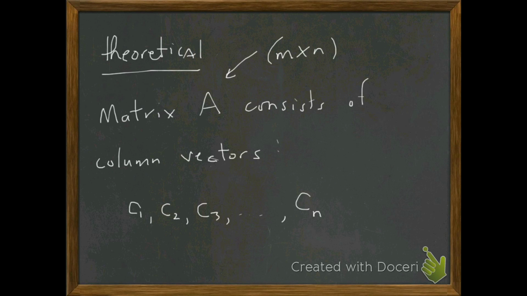So, guys, A is an M by N matrix, M rows and N columns. And let's say we have scalars K1, K2, up to Kn.